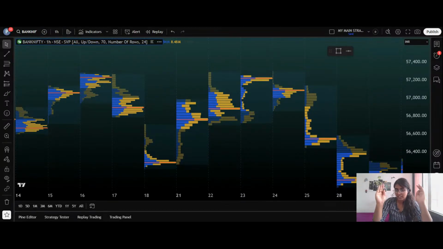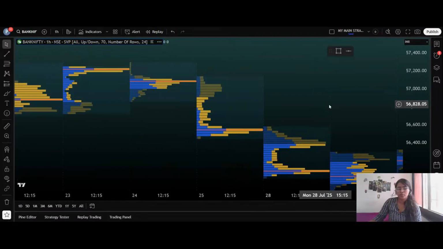The session volume profile candle style is not just a candle. It is a type of indicator that shows how much trading volume occurred at different price levels for each trading session, whether it is daily, hourly, weekly, or customized.